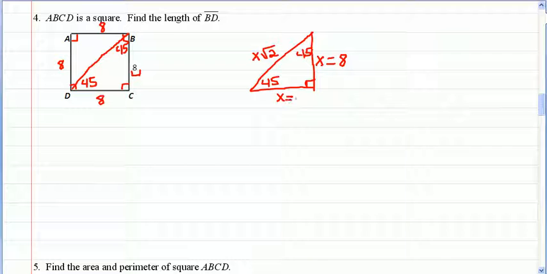We have an 8 on the bottom, and the hypotenuse is 8 root 2. So the hypotenuse is the diagonal. So when the question asks for the length of BD, BD is equal to 8 root 2.